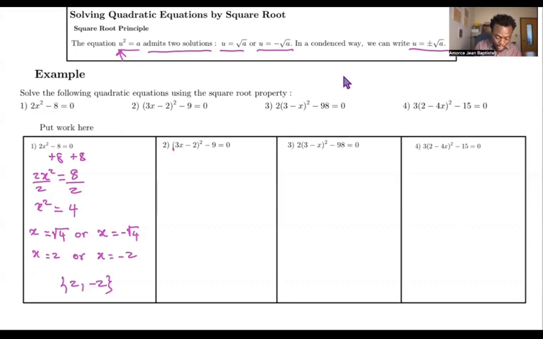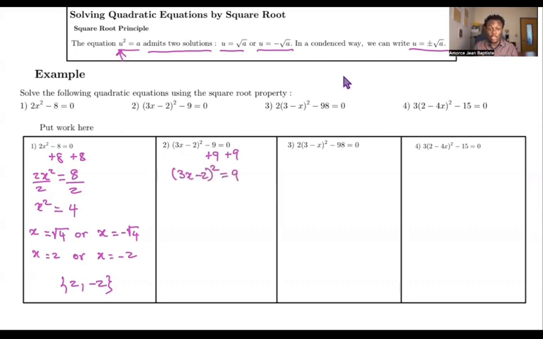So we have that, which can be seen as u, right? It's an expression raised to the second power minus 9 equals 0. So we can just add the 9 on both sides, isolate the part that has the square, and then you have 3x minus 2 squared equals 9.